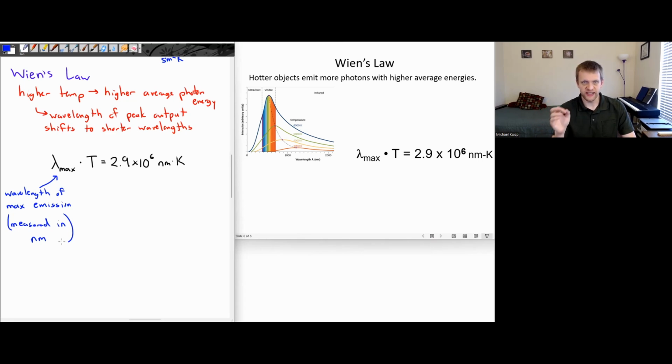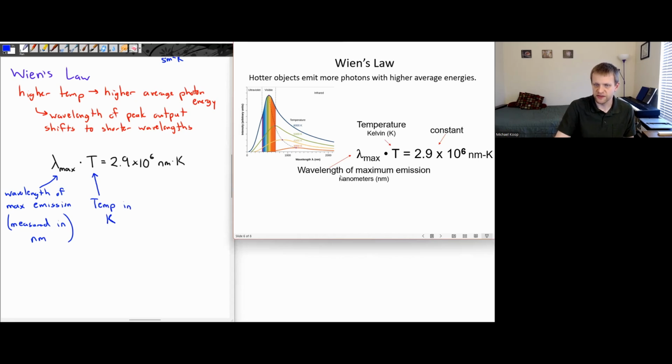So a nanometer is one billionth of a meter. There are a billion nanometers in one meter. So again, these wavelengths are going to be pretty short. This is the temperature in Kelvin. And again, that ensures that we get these same units at the end. So we've got this wavelength of maximum emission in nanometers, we've got the temperature in Kelvin, and this value over here is simply a constant.